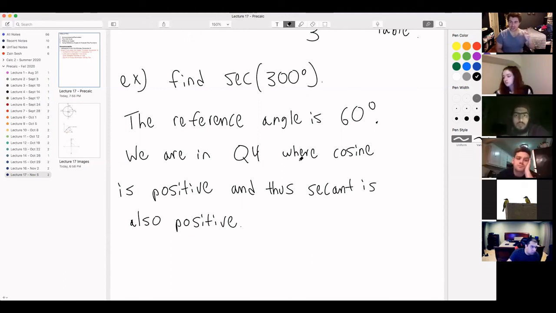What's the connection between the two? They're reciprocals. Excellent. Yes. So if a number is positive, then so will its reciprocal. So if cosine is positive, then its flip, its reciprocal, will stay positive. Excellent. Very good intuition.